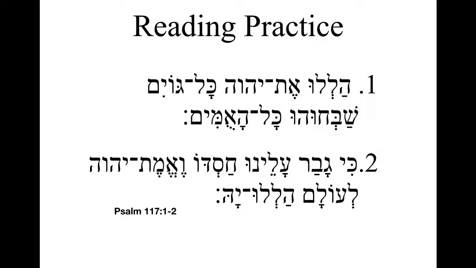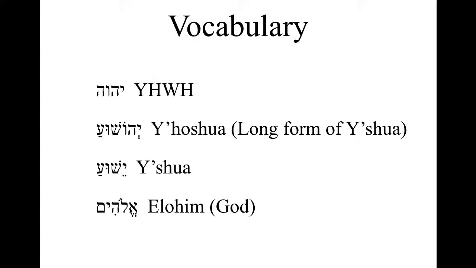Halu et Yahweh kol goyim shabchuhu kol ha'umim. The second verse is Ki gavar Aleinu hasdo ve'emet Yahweh le'olam hallelujah. The transliteration of these two verses is in the back with the answers.